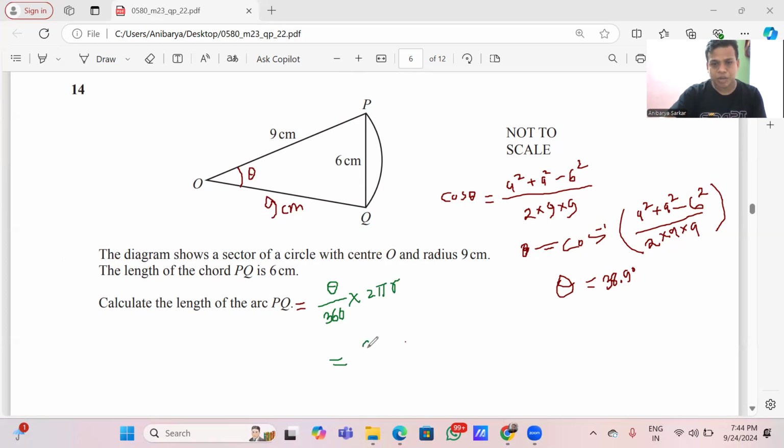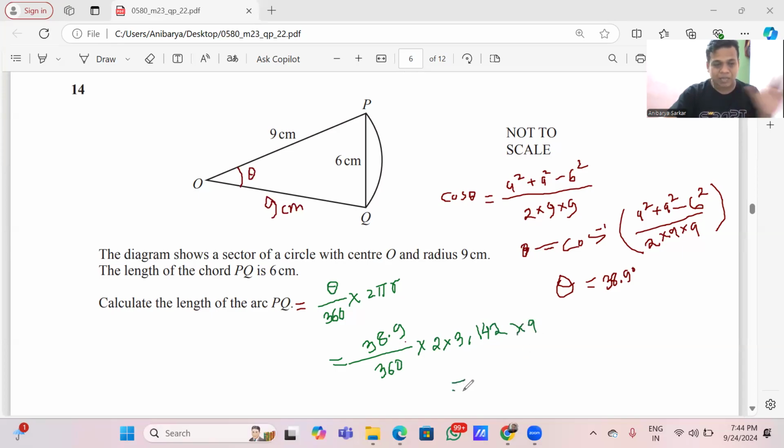Theta means 38.9, so 38.9 divided by 360 into 2 pi. The value of pi you need to consider as 3.142; according to the instruction, check up to what value of pi we have to consider. And r is 9.